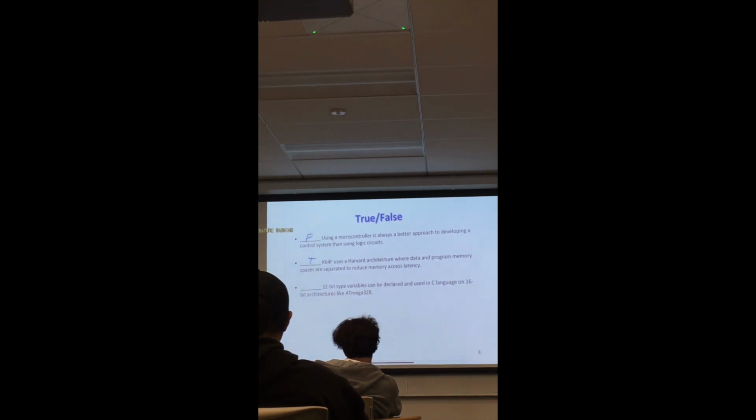Now, 32-bit type variables can be declared and used in C language on 16-bit architectures like ATmega328. True or false? True or false, guys? True. Like, think.